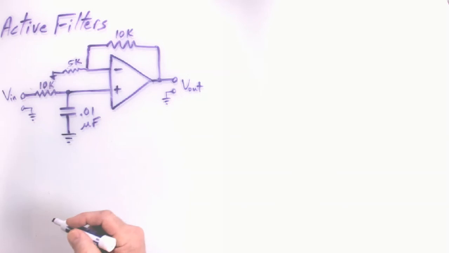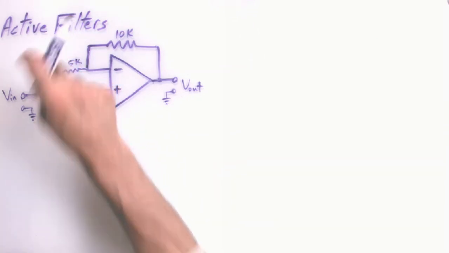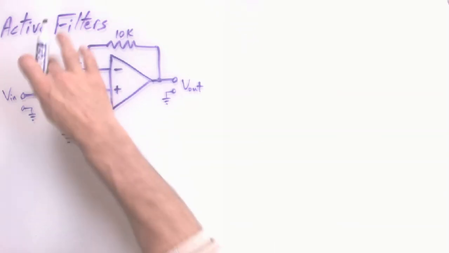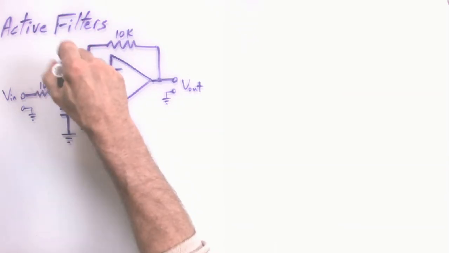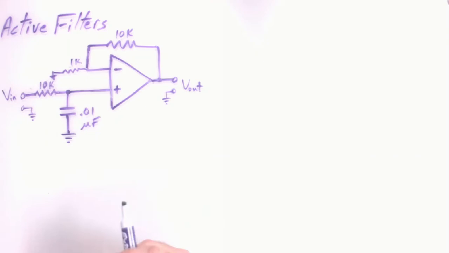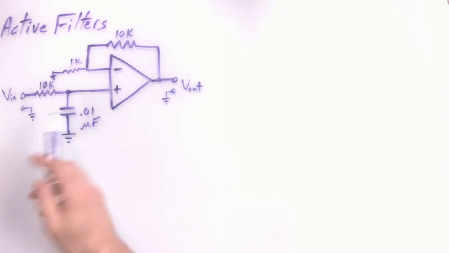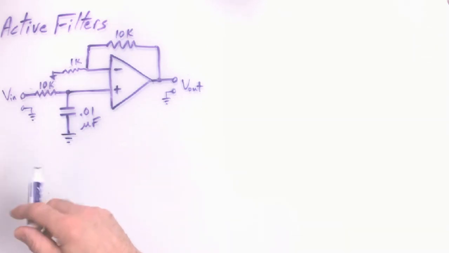Done. Maybe I'd like it to have a gain of 10, you know? So there you go. So now I have an active filter with a gain of 10. I have a low pass, single pole, shunt design, active filter with a gain of 10.